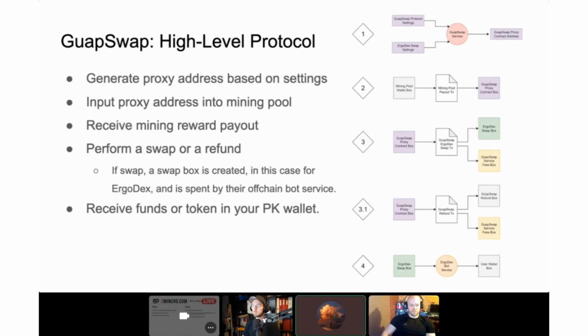And then this swap box, as in step 4, would get picked up by the ErgoDex bot service and actually execute the swap with ErgoDex itself. And then you would go and look in your wallet, and you'd see the token deposited into your account.